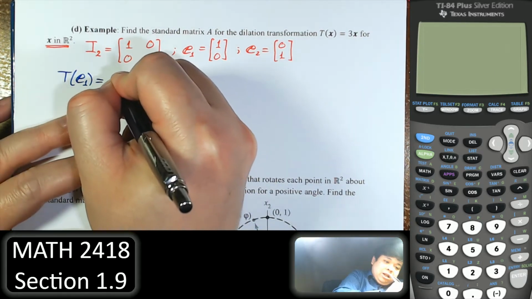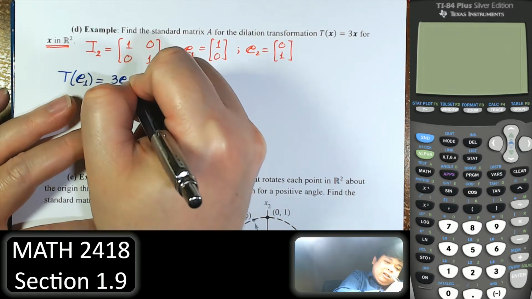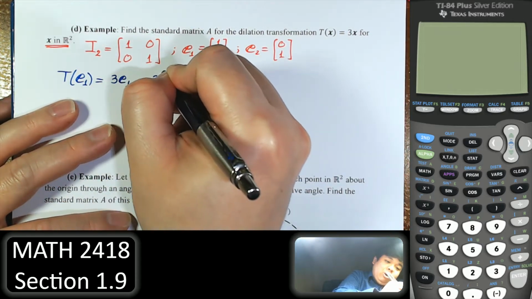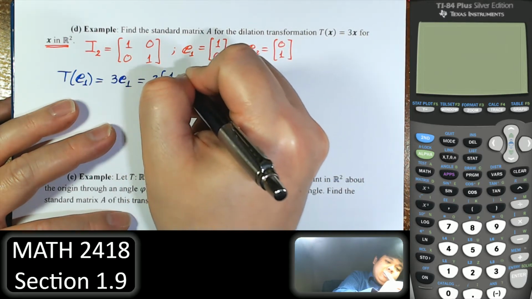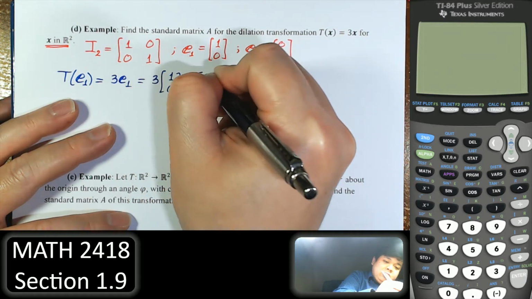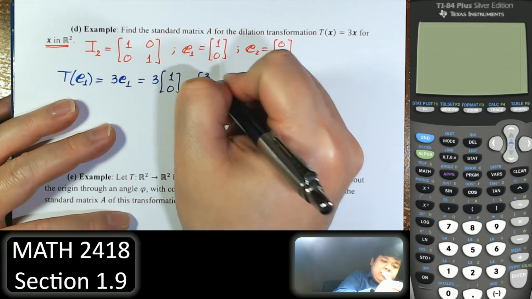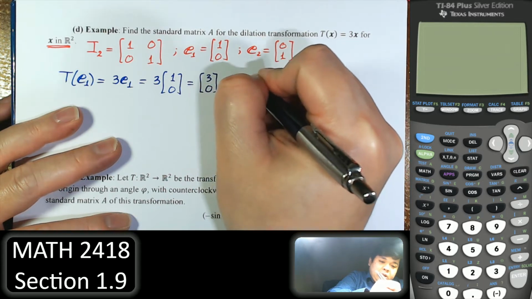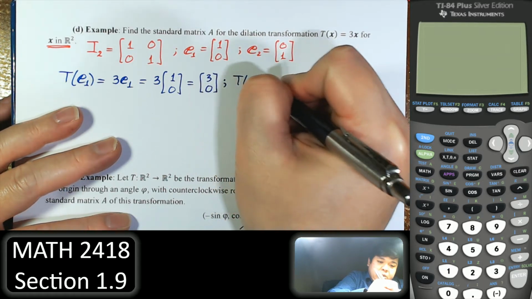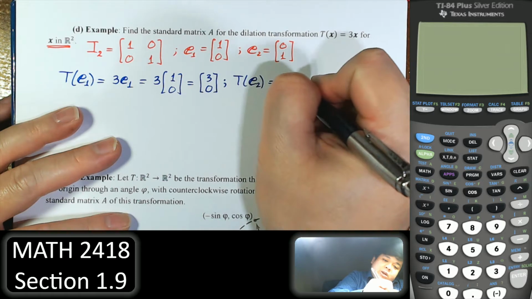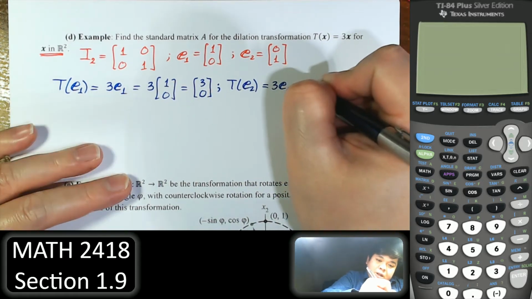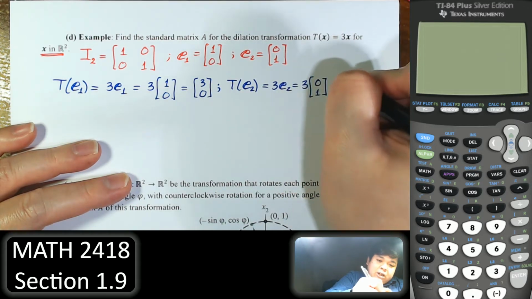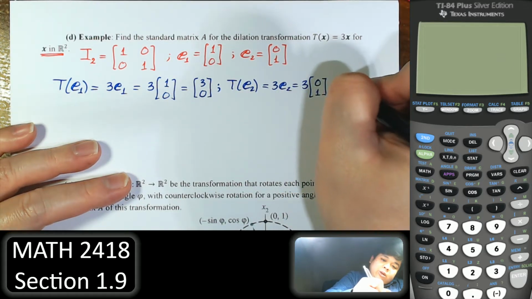Which is 3 times E1, because that is the transformation. 3 times E1 gives us 3 and 0. Then T of E2 is 3 times E2. E2 is 0 and 1, so that gives us 0 and 3.